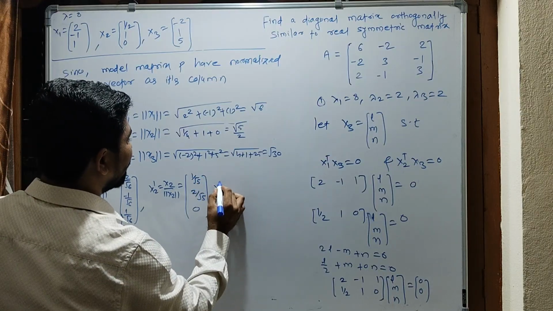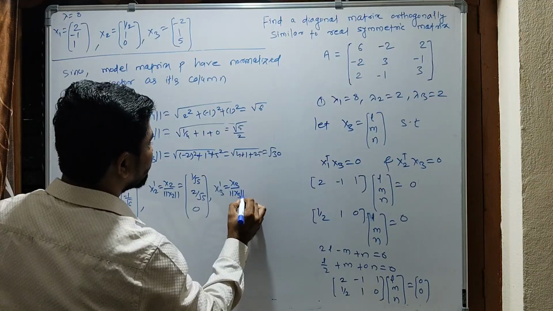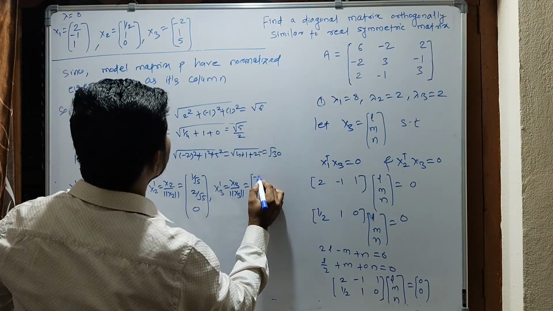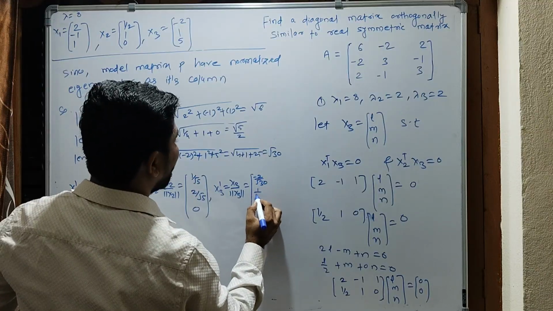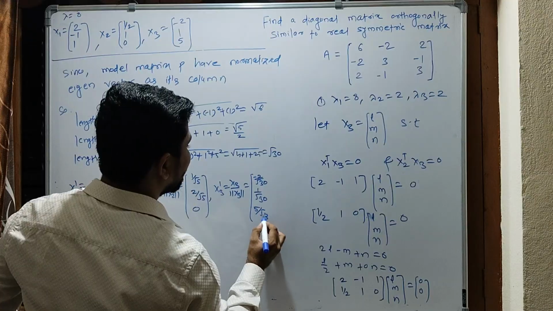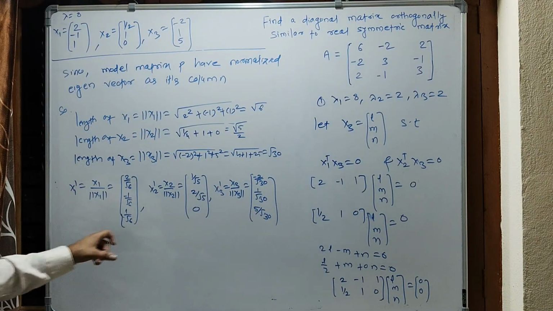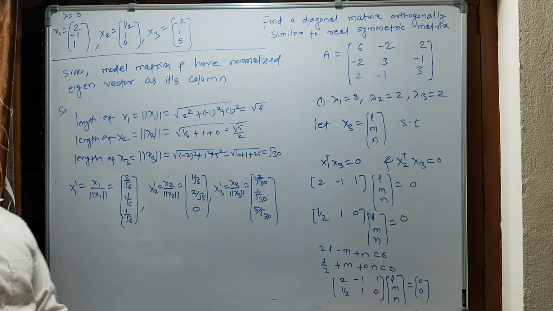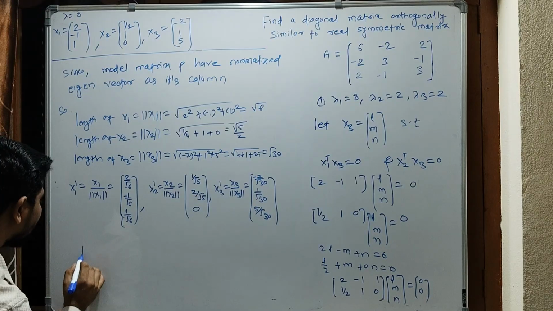And x3 dash, which is equal to x3 divided by the norm of x3, which is equal to minus 2 by root 30, 1 by root 30 and 5 by root 30. So here these are the normalized eigenvectors x1 dash, x2 dash, x3 dash, and you can check they are mutually orthogonal. And here I will write the matrix P.